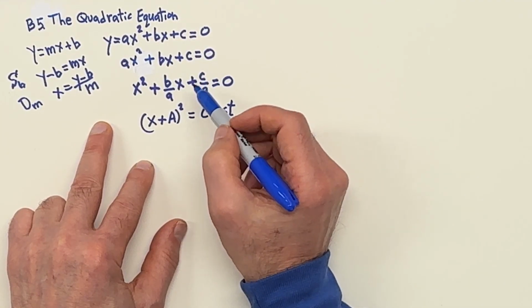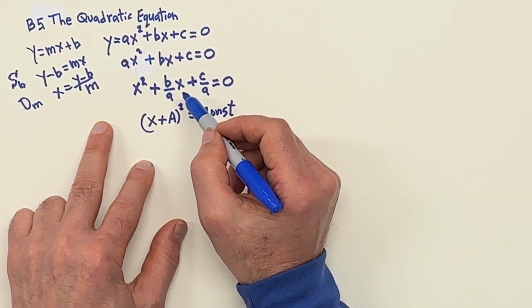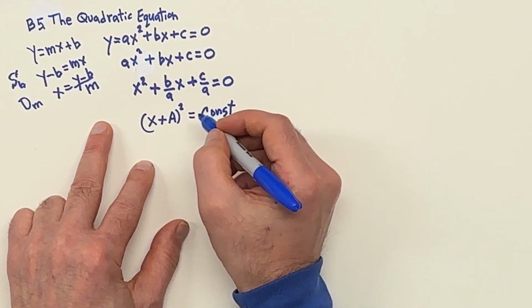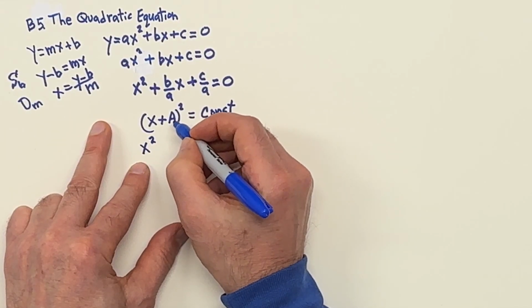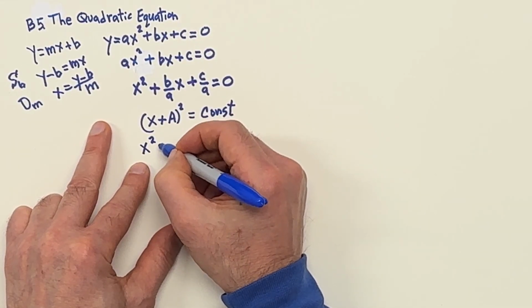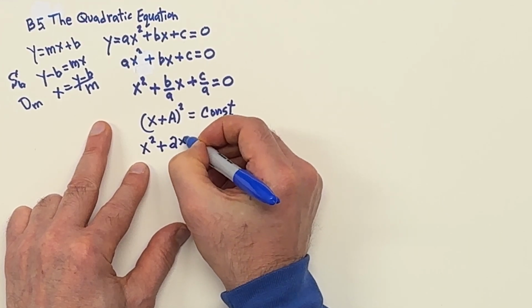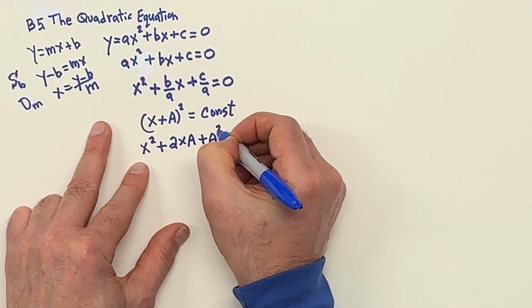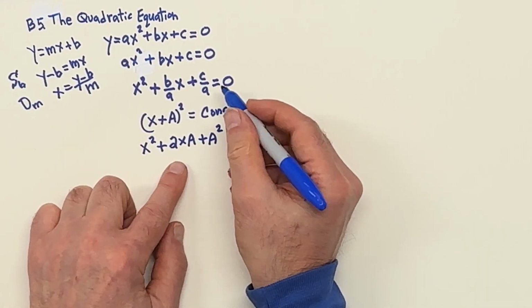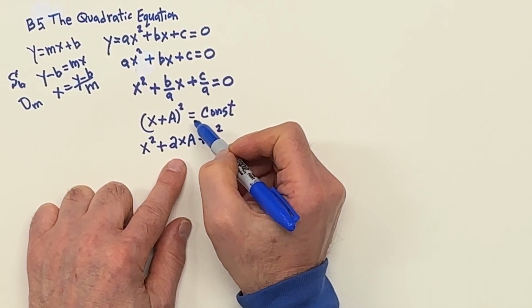So we would like to have a complete square, so we say we're going to complete the square. So to complete the square, if we had x and A, the quantity squared, we have x squared plus 2xA plus A squared. So what is this A that we're interested in?